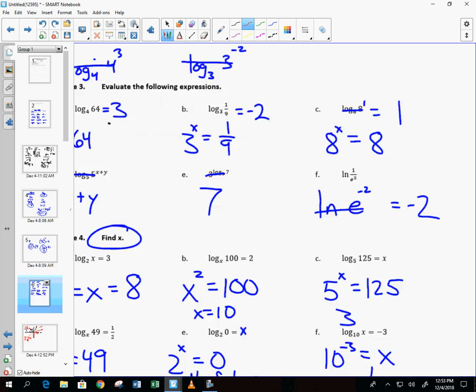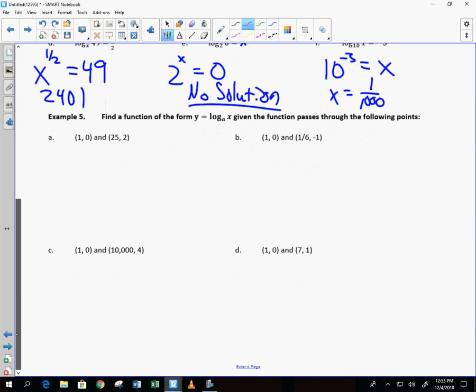It says, write an equation for a logarithmic function that passes through the following points. Notice these ones go through 1, 0 and not 0, 1. This is the x value. This is the y value. We want to write y equals log base a of x. 2 equals log base a of 25.